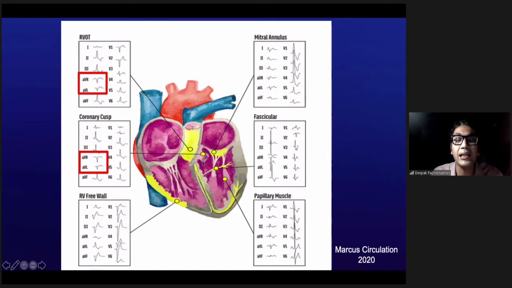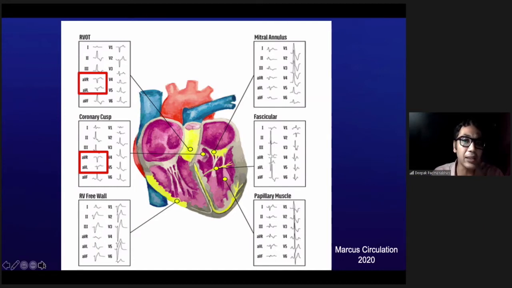Why we say that is because on the thought process of intervention, an outflow tract arrhythmia has significantly higher success rates as compared to arrhythmias which come from the non-outflow tract region. They are successful too, but they are more challenging to perform, whereas an outflow tract arrhythmia may be more amenable to a catheter ablation to begin with.